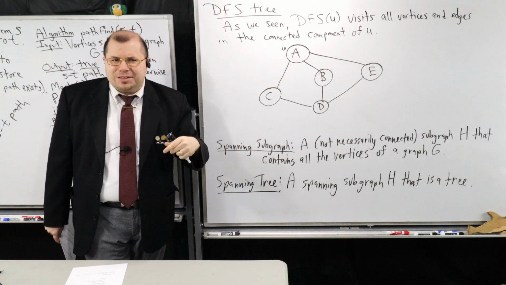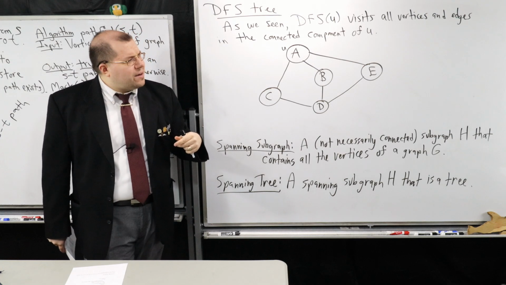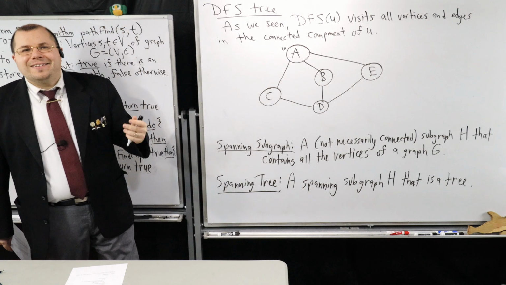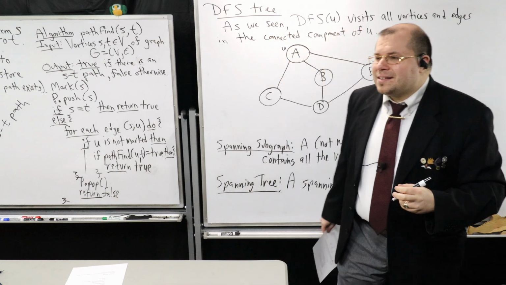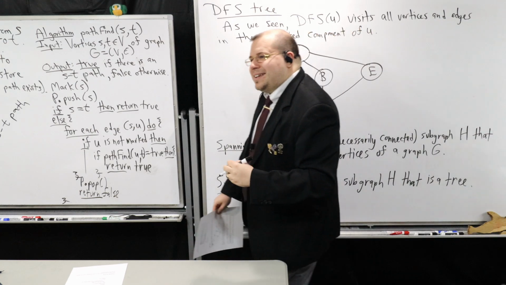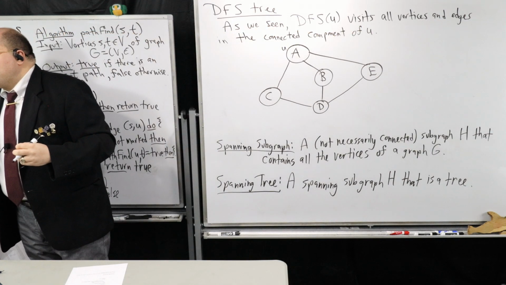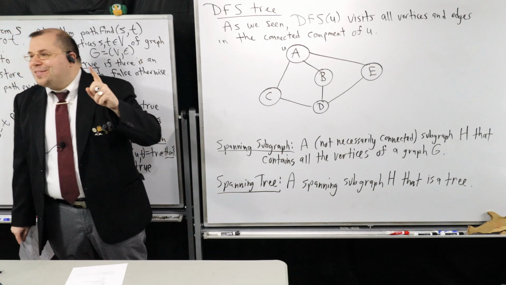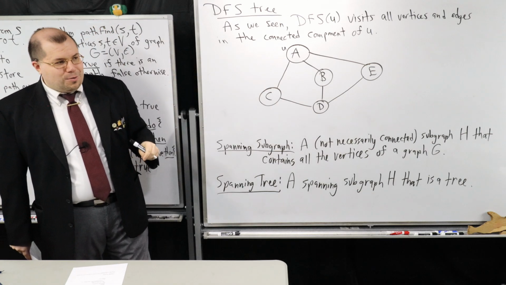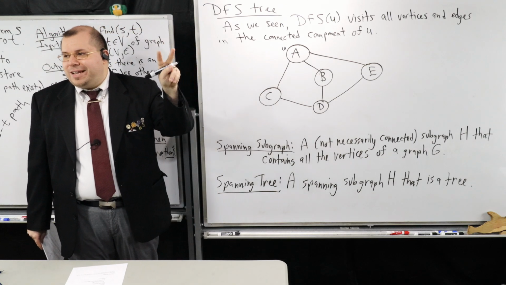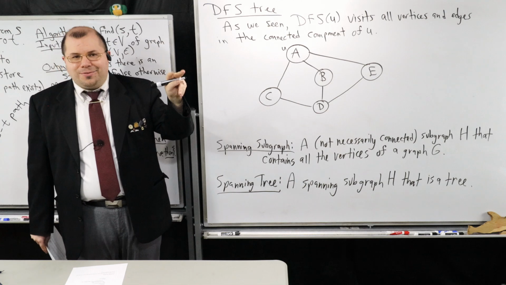Can somebody remind me what the two kinds of edges were in DFS? There's two. Remember, I called them black and red last day. What were they? For DFS.